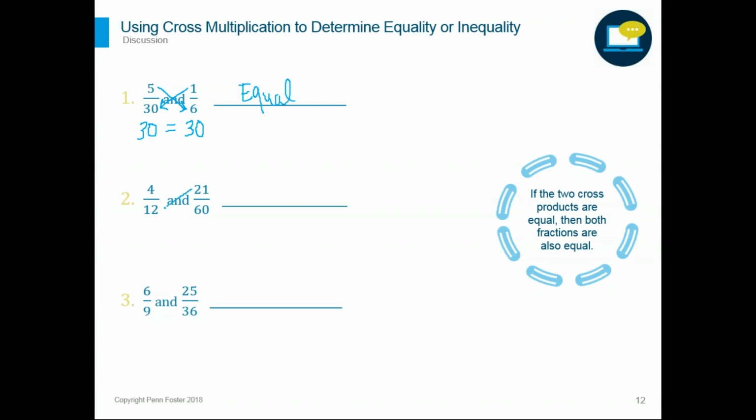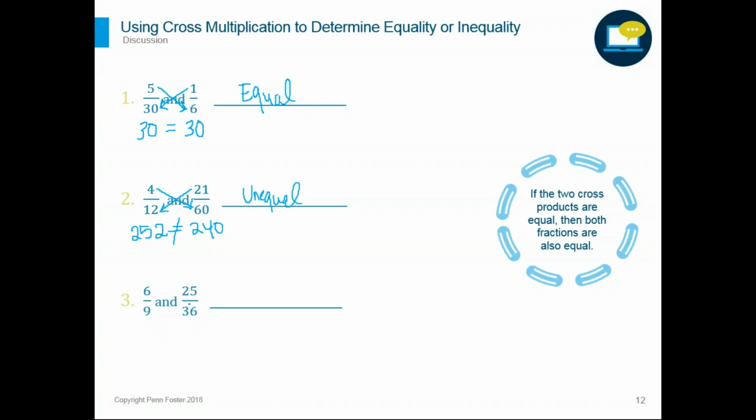We'll do the cross multiplication test. 21 times 12, and that will give you 252. And do the other cross multiplication. 4 times 6 is 240. The products in this case are not equal. Then that means that the fractions themselves are not equal. They are unequal.